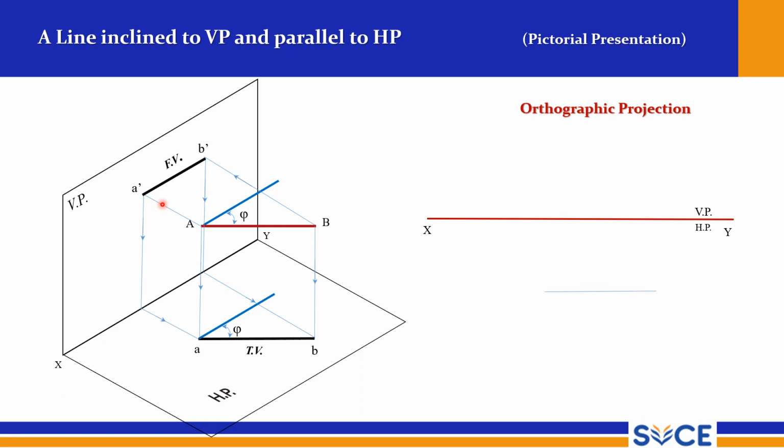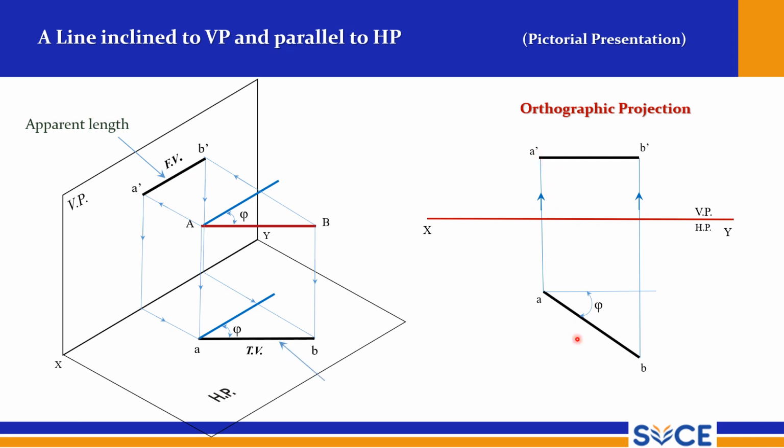To transfer on drawing sheet, this is the scheme: XY reference line, VP, HP, and always you should draw the true length line. So this is our top view, AB, and front view is A dash B dash. A dash B dash is our apparent length, and AB is our true length. So these are the two lengths we can see here.